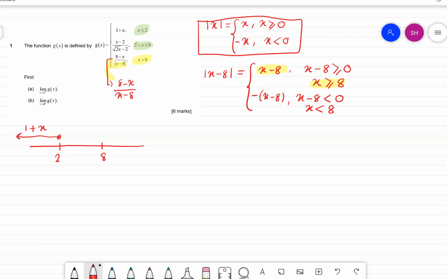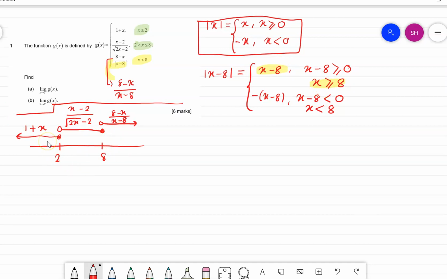For x greater than 2 but less than or equal to 8, our function is square root of x minus 2, over 2 minus square root of x. And for x greater than 8, our function is 8 minus x over x minus 8. We have opened the modulus and defined the first function.